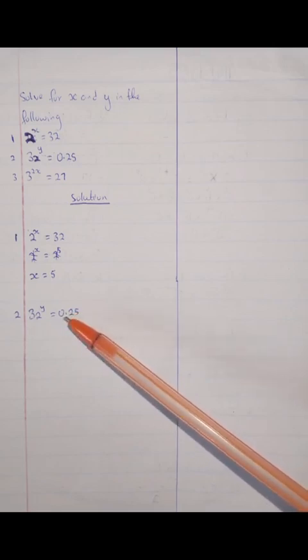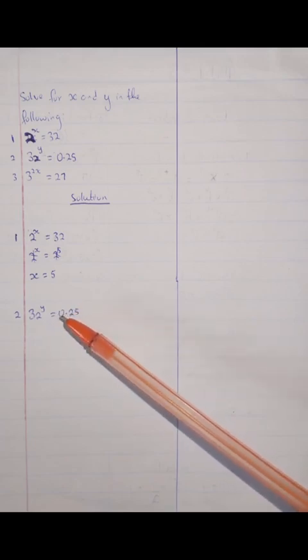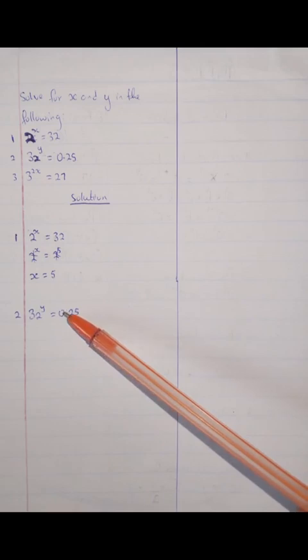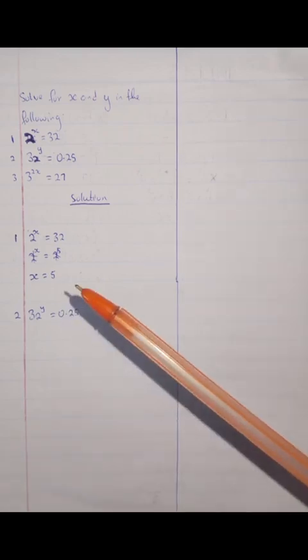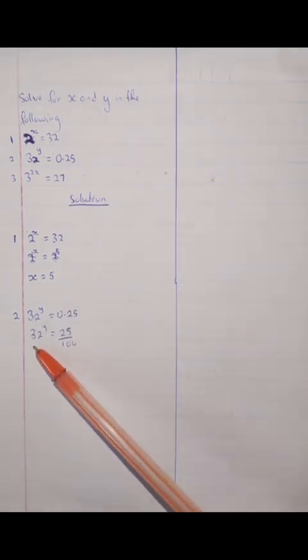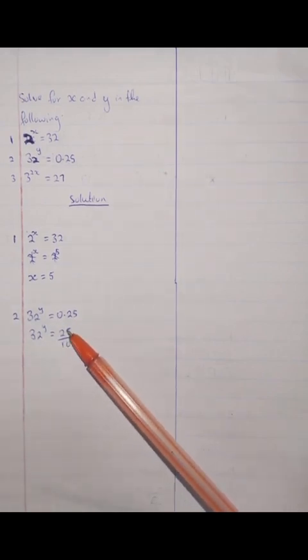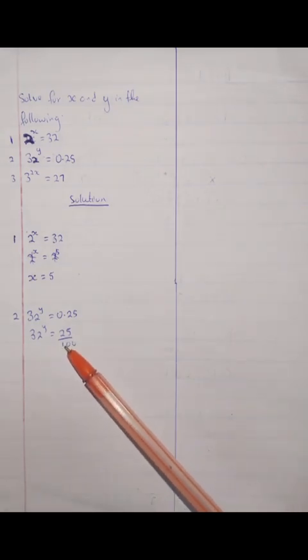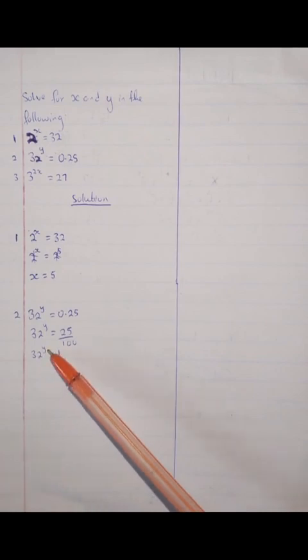Since this is a decimal, we change it to a fraction. 0.25 converting to a fraction, we have 25 over 100, and we'll be having 32 raised to the power of y equals 25 over 100. If you express this further, 25 here 1, 25 here 4, so we'll be having 1 over 4. So we have 32^y equals 1 over 4.